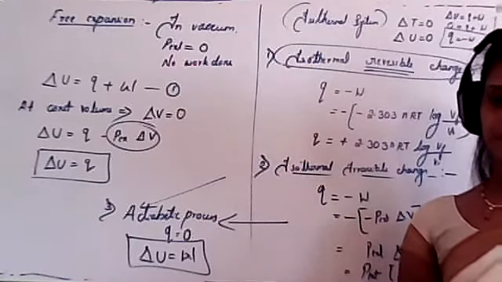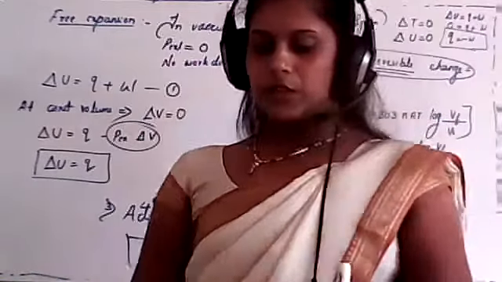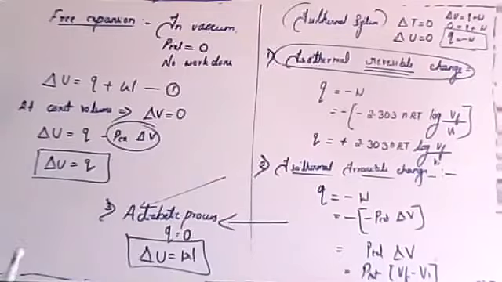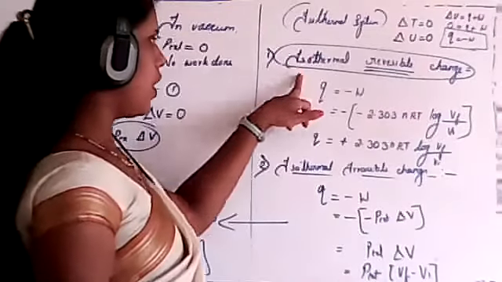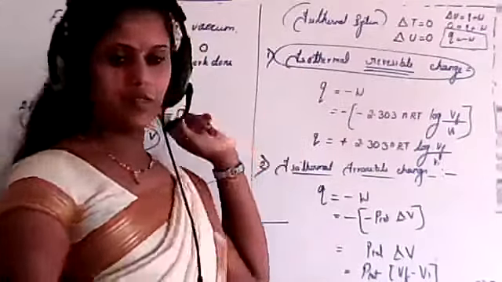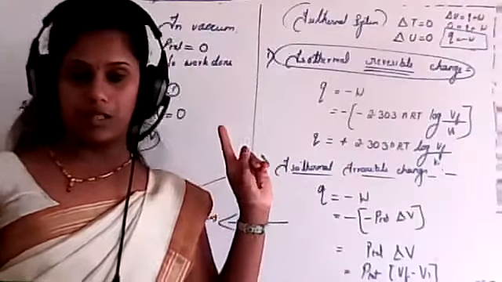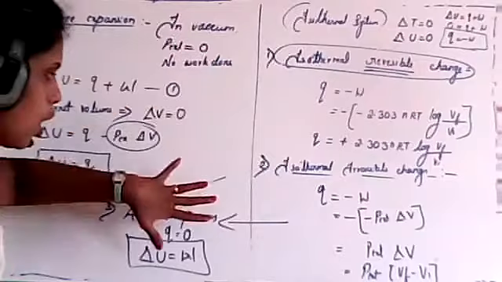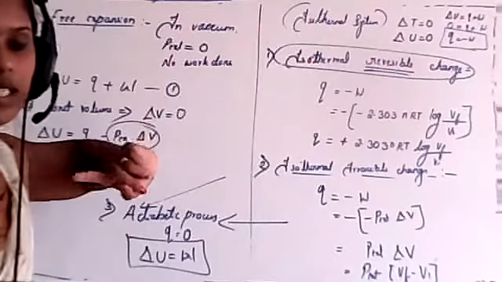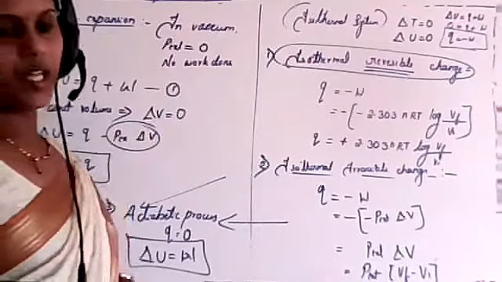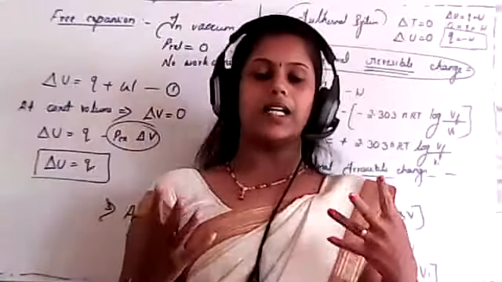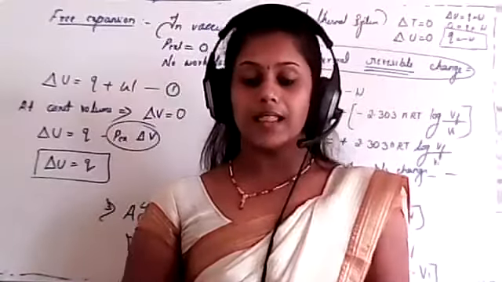Okay. So next one is about enthalpy. Again, I'll explain this one. This whole thing depends on the work done expression. So depending on this, we will study enthalpy. So what is enthalpy, student? What do you mean by enthalpy? Any idea?